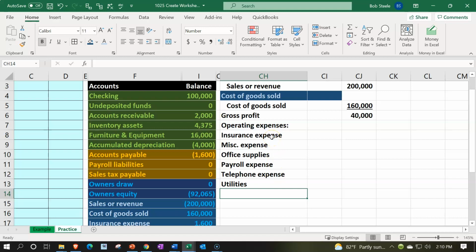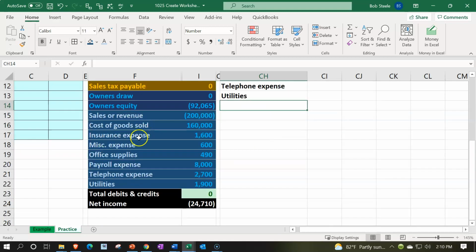Oftentimes they'll be grouped when you enter this into, say, an accounting software system, or when you create a trial balance. You're often trying to group these accounts in a way that you think is logical. If you don't have any other grouping system and you use a database program, then it would simply group these in alphabetical order, which might not be the best way to do it. You might say, hey, I'd like the big ones up top.